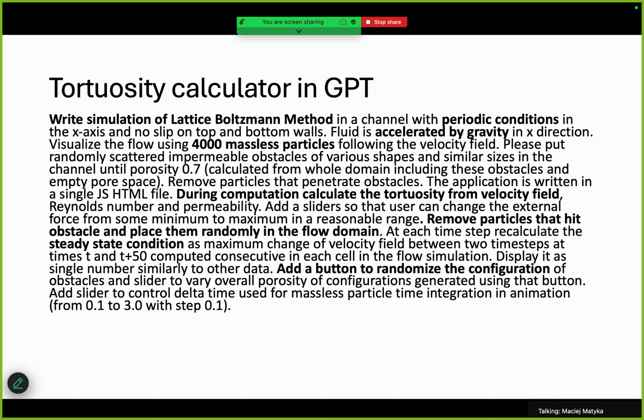Yes, two most standard. I selected one. I didn't have to put information about the equation here, although I could do that. But if you know anything about tortuosity, then you know that if you compute it from velocity, there is a particular equation to use. Now there are some details about the user interface and so on and so on. Remove particles that hit an obstacle, for instance, and so on.